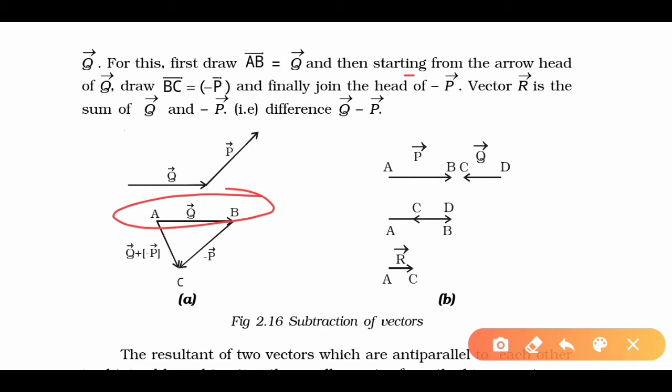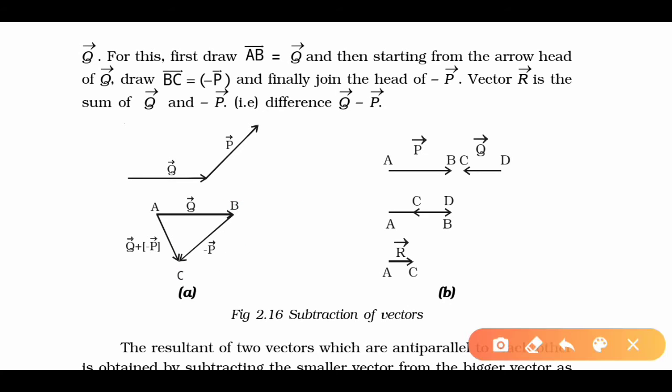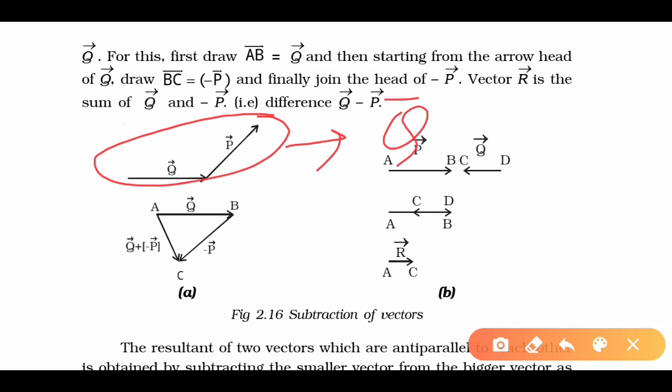And then start from the arrow head of q vector, draw BC vector equal to minus p vector. So you can see again in the figure, BC vector, this one is equal to minus p vector, because initially in this figure we are performing q vector plus p vector.